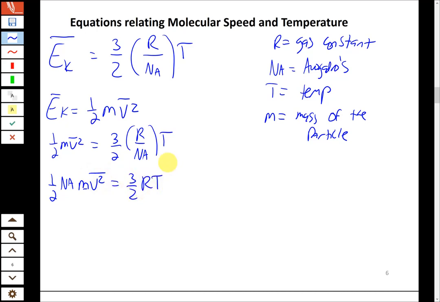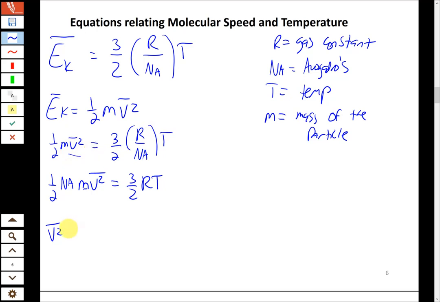And what we should recognize is that now we can solve for the average square of the velocity. What we're trying to derive here is an equation for the average speed. So we're using two equations for kinetic energy, the definition of kinetic energy and the dependence of that on temperature. We're setting those two equal to each other, and we're going to solve for average velocity. Okay?